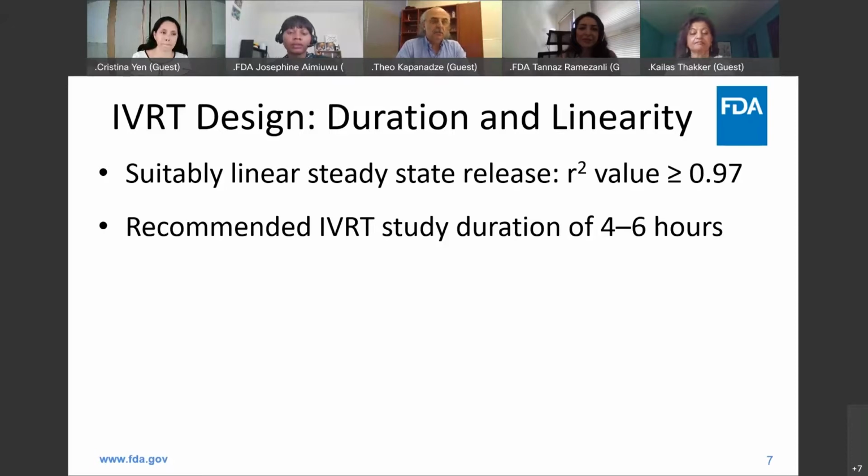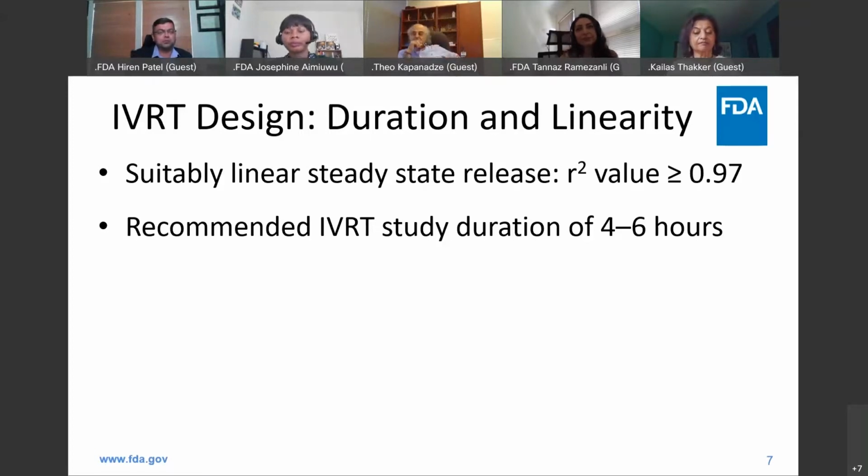I just want to make a comment there. I don't have a straightforward answer of what justification, but it really depends. This is your product. As Kailash showed, the efforts. What we are trying to look for as a reviewer, or as a review discipline, is we just want to make sure that all efforts are made to develop the right method.